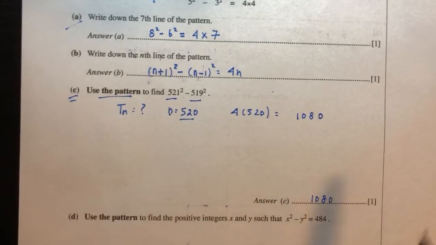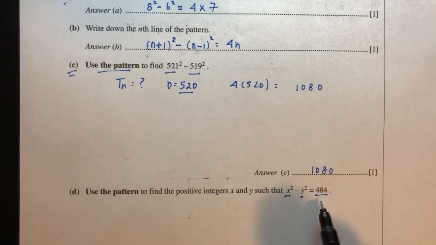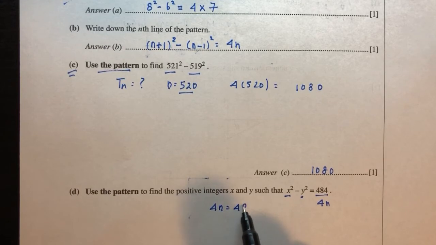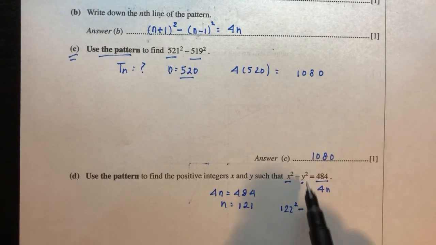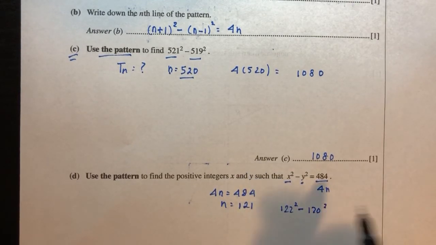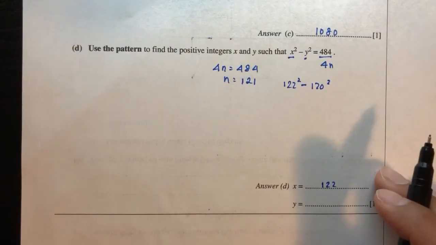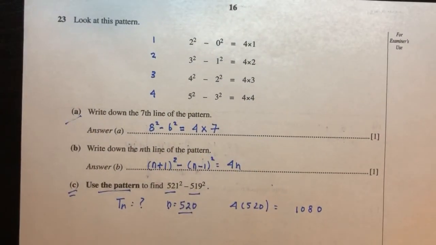Now for part D, find x and y. So we know this is 4n. So 4n is this, n will be 121, which means this first one should be 122 squared minus 120 squared. So x will be 122 and y will be 120. So this is question number 23.